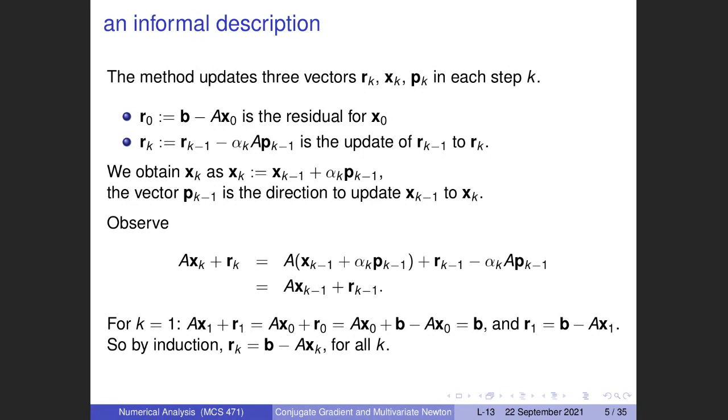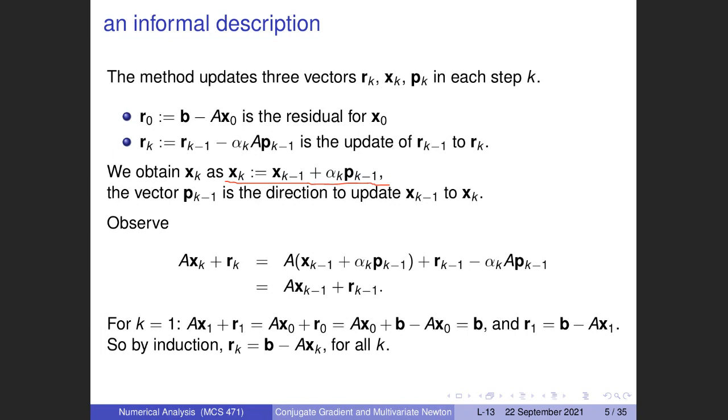The second actor is our vector that we are updating. Here you see the update, very similar to the steepest descent method. And then we have the vector which is the direction of the update. These are the three main vectors that are updated.